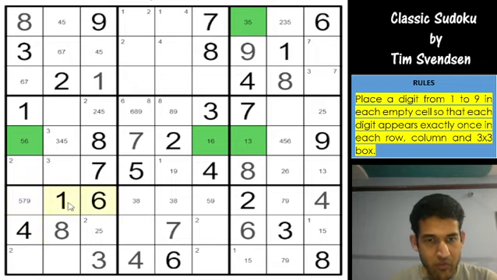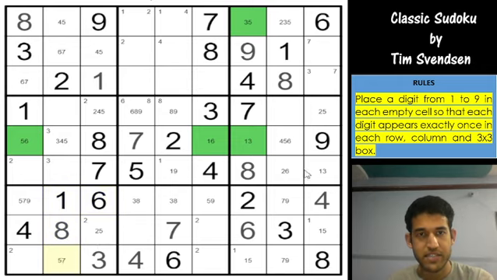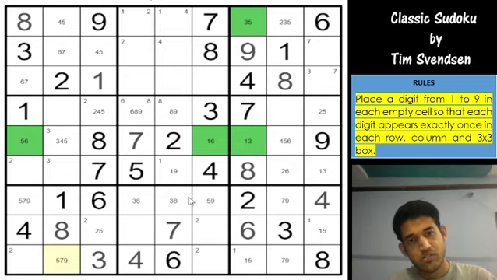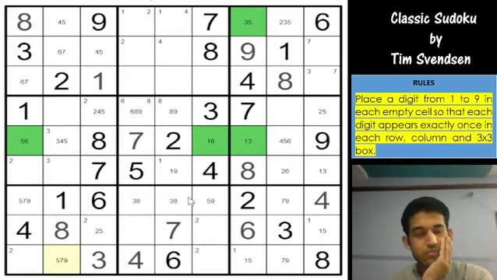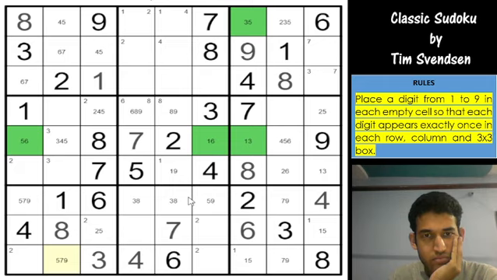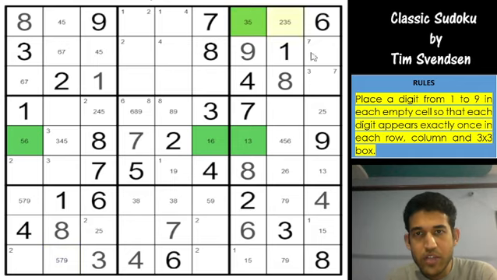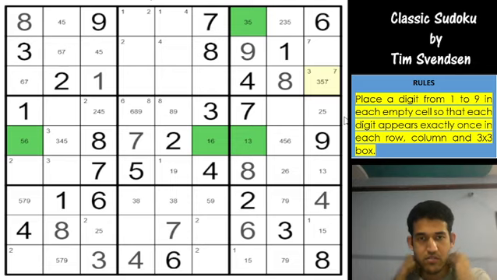Okay, so I have 1, 6, 8 here and 3 and 4 here and a 2 in column 2. So this must be 5, 7, 9. Is there more twist in the tail? Okay, 2, 3, 5, 7 are the remaining candidates. 2 cannot be here. So that's a 3, 5 and 7.